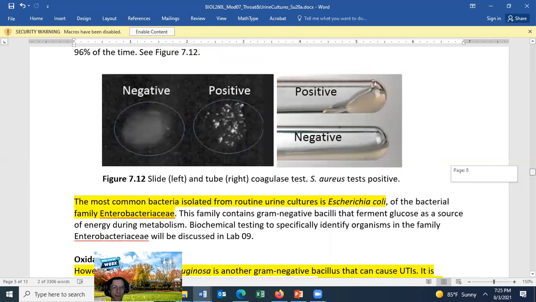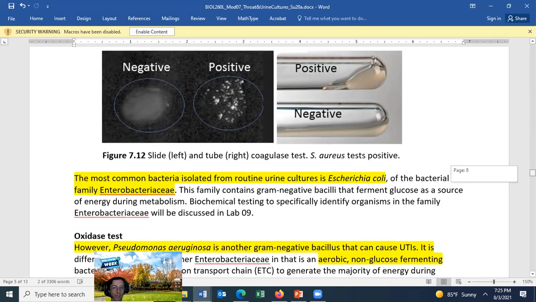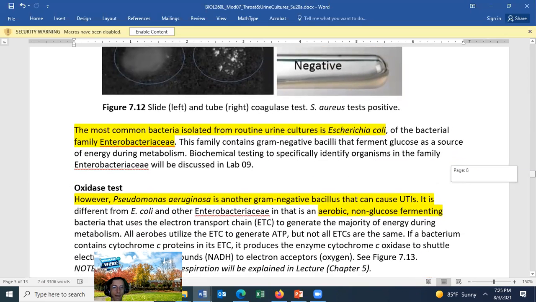The most common bacteria isolated from urine culture is E. coli. This is a member of the family Enterobacteriaceae, which is a gram-negative bacilli. Another gram-negative bacilli that can be a urine pathogen is Pseudomonas aeruginosa from the Pseudomonaceae family.